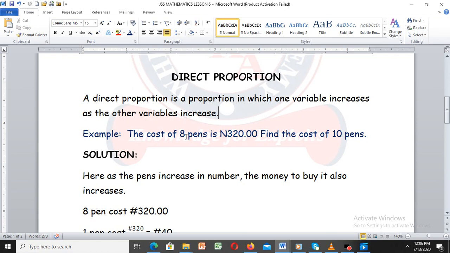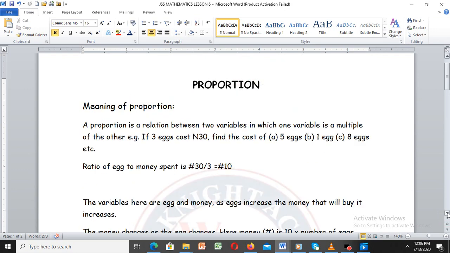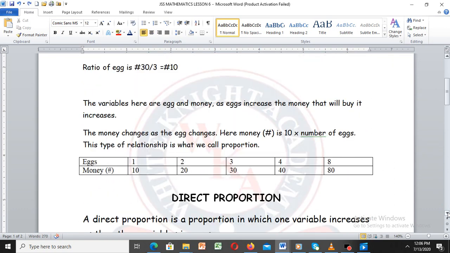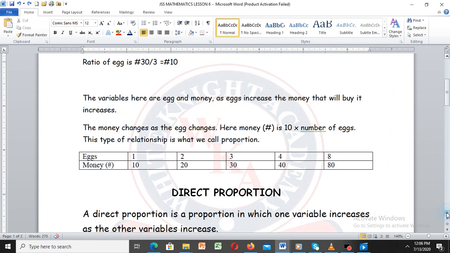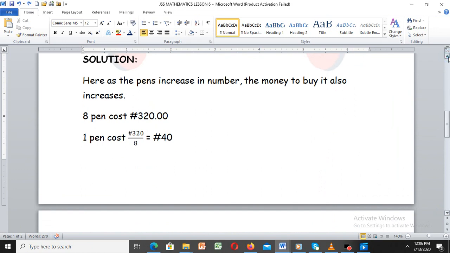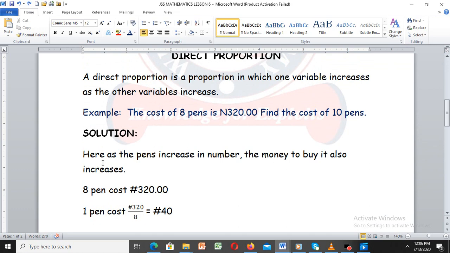Example: the cost of 8 pens is 320 naira. Find the cost of 10 pens.